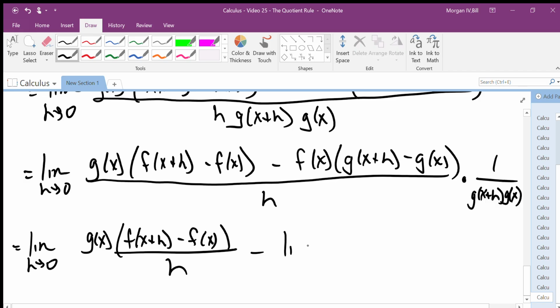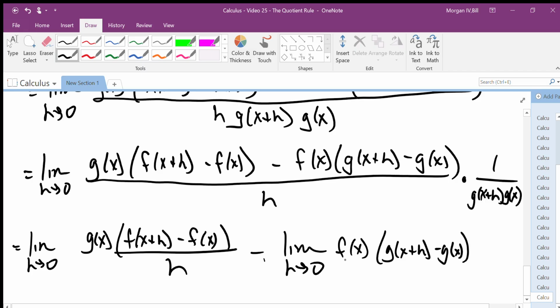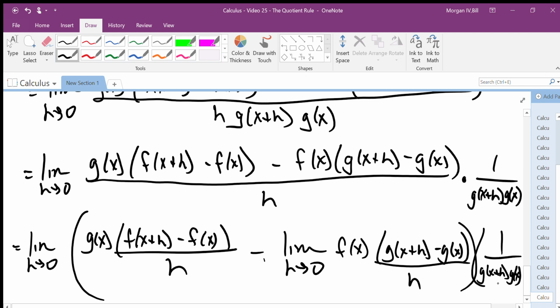The limit as h goes to 0, that minus sign comes from that minus sign in the numerator, of f of x times g of x plus h minus g of x over h, times the whole thing times 1 over g of x plus h, g of x. Limit of the whole thing.